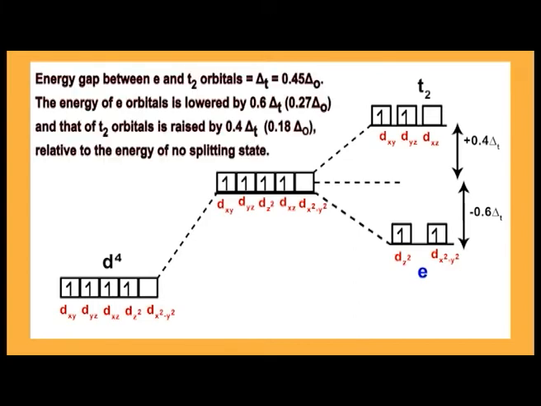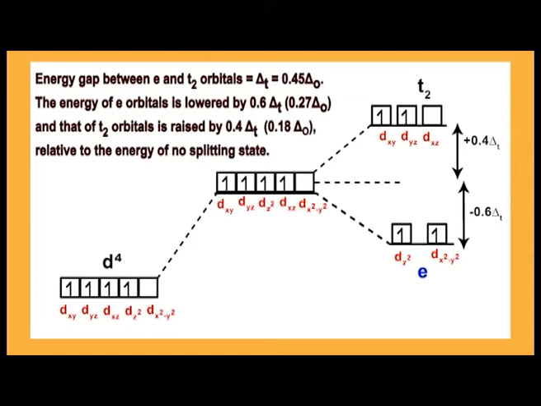The energy gap between E and T2 orbitals in a tetrahedral environment is denoted by delta T, which is equal to 0.45 delta O. The energy of E orbitals is lowered by 0.6 delta T, which is identical to 0.27 delta O, and that of T2 orbitals is raised by 0.4 delta T, identical to 0.18 delta O, relative to the energy of the no splitting state.